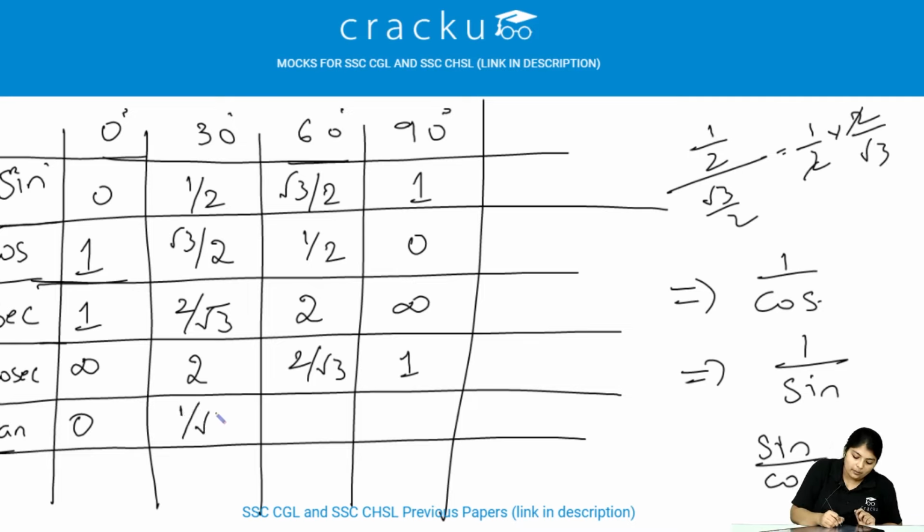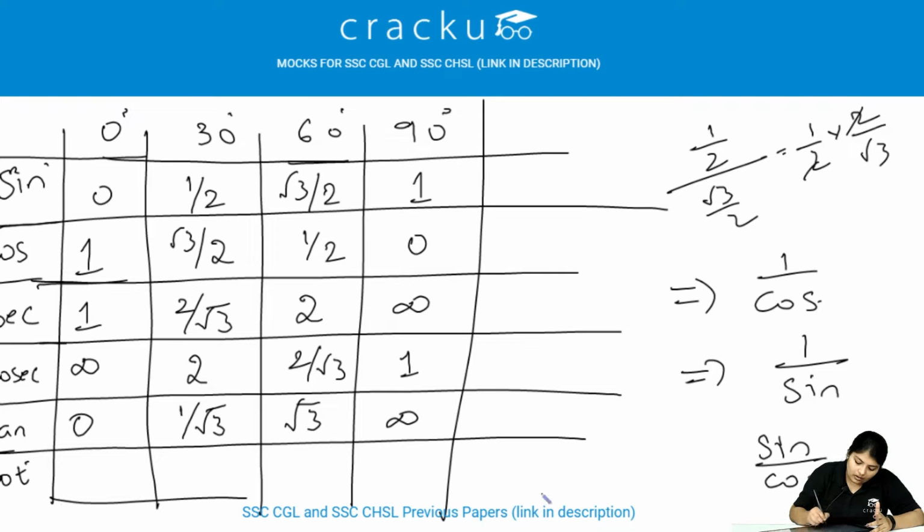Tan 30 is 1 by root 3. And tan 60 is root 3 by 2 by 1 by 2, that is root 3. And tan 90 is 1 by 0, that is infinity. Cot is inverse of tan.